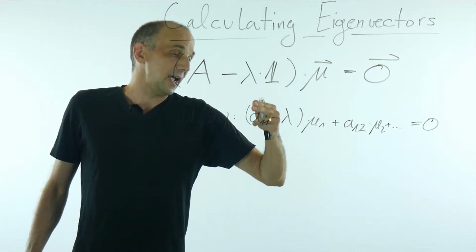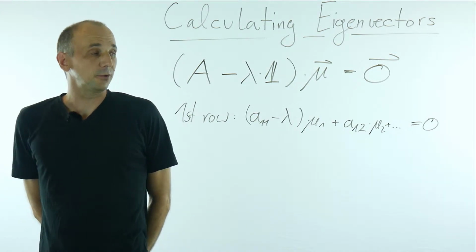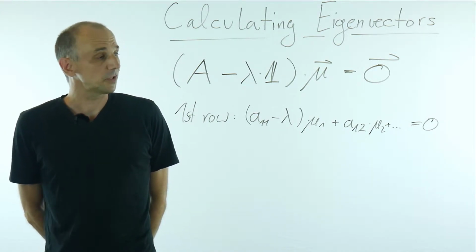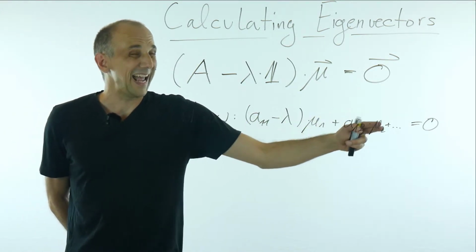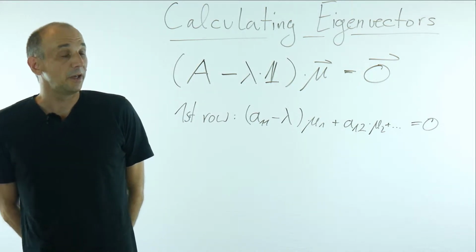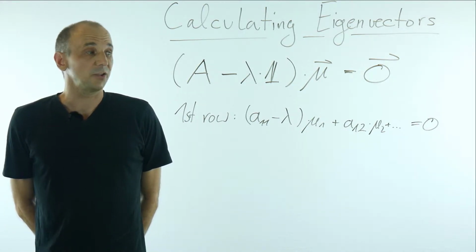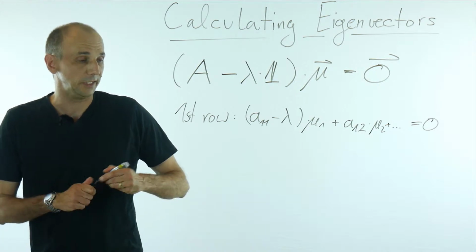And we will have n different equations for our n unknowns. This is solvable, but the solution will not be unique.